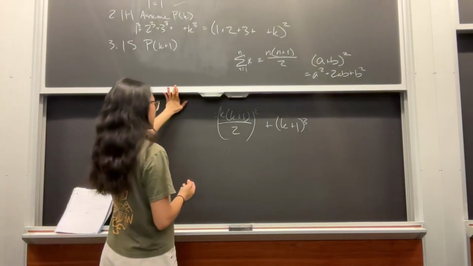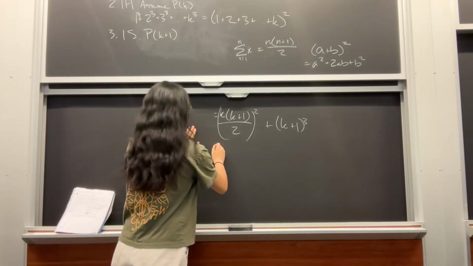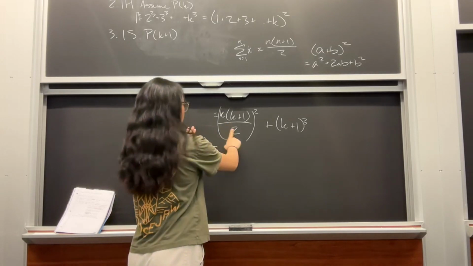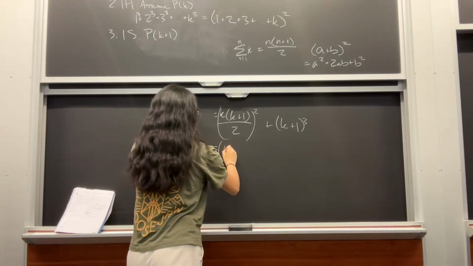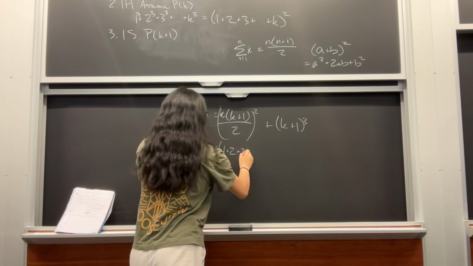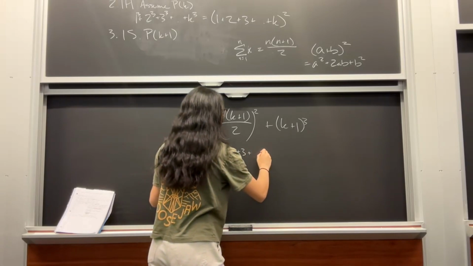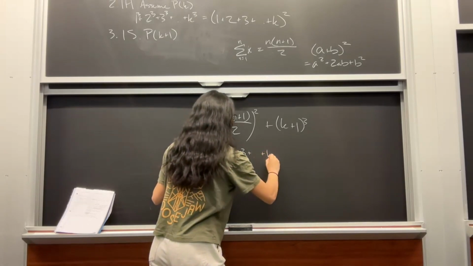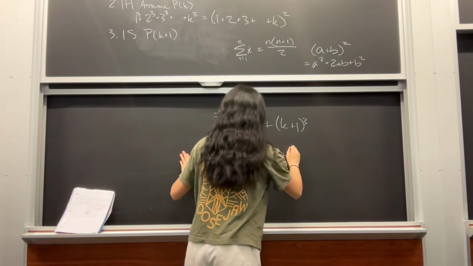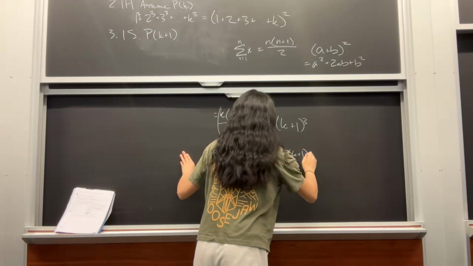So let's do this actually one step at a time, where we'll say this is equivalent. We'll just put it back into this listed notation, 1 plus 2 plus 3 plus all the way to k, squared, plus k plus 1 cubed.